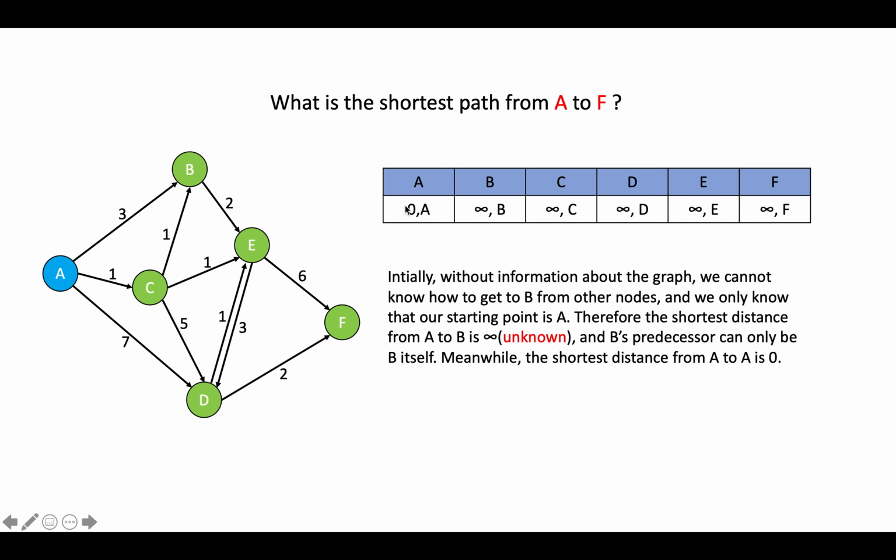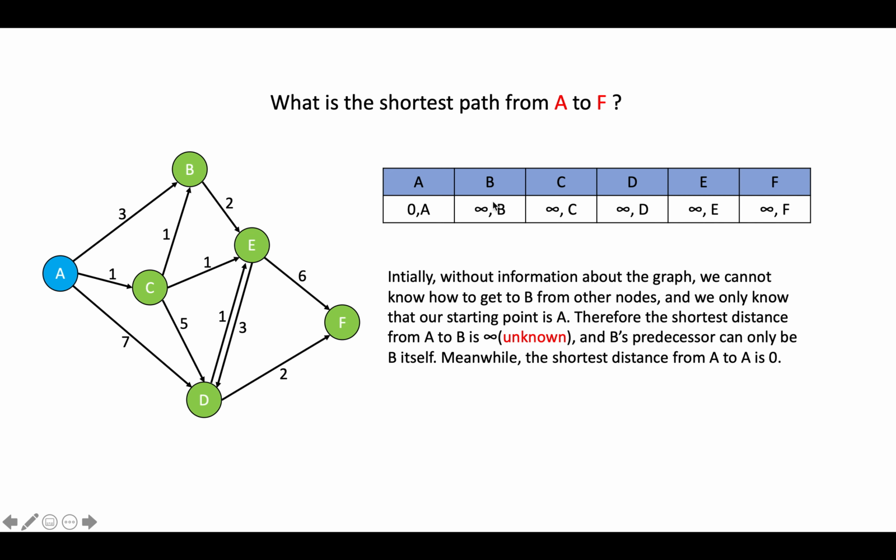For each entry it has two elements right now. The first element, 0 in this case, is the shortest path from node A to node A, because the starting point is node A. So the shortest path from node A to node A is 0.